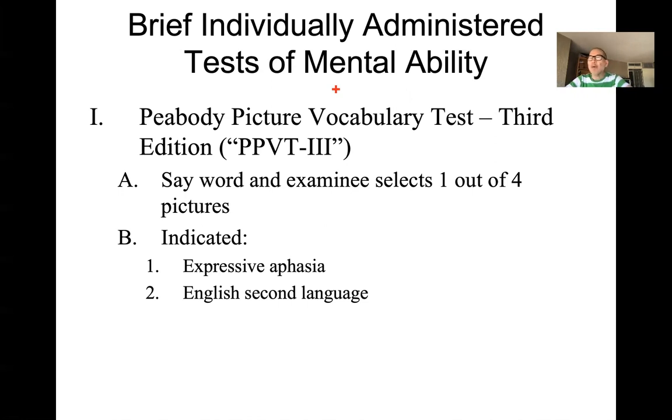Alrighty, it's very simple, right? The person doesn't have to even say anything. They just point, based on the word they hear and their understanding of the word, to the picture that best represents the word. Now, even as simple a task as that is, it's highly correlated with overall IQ.